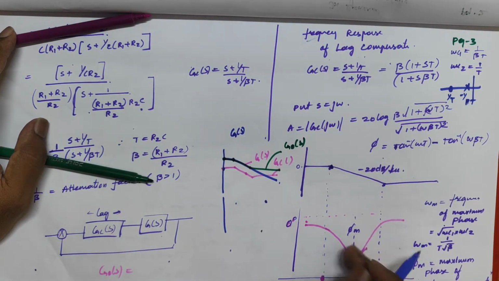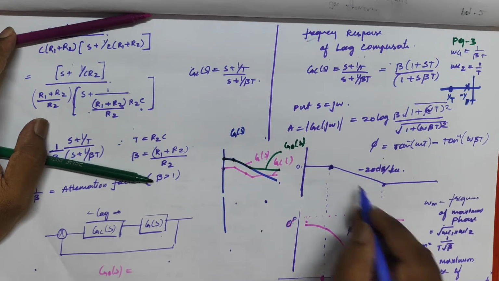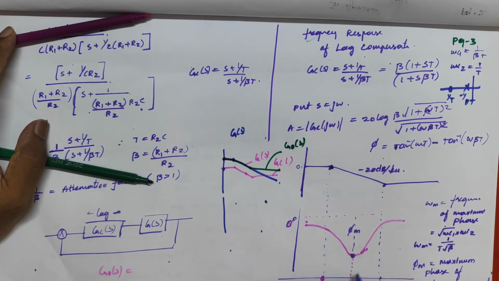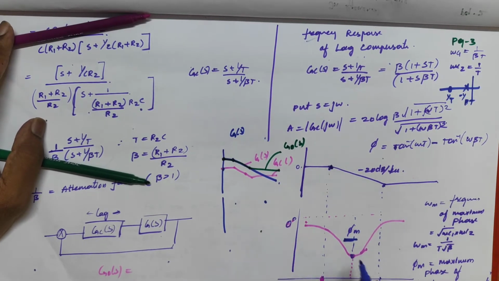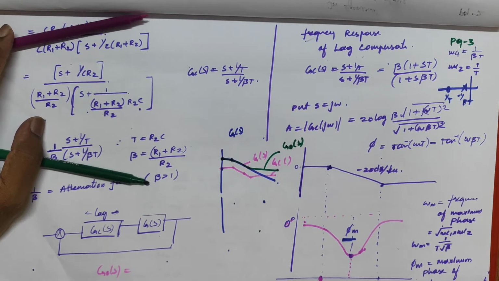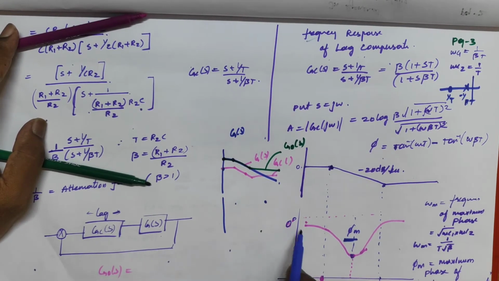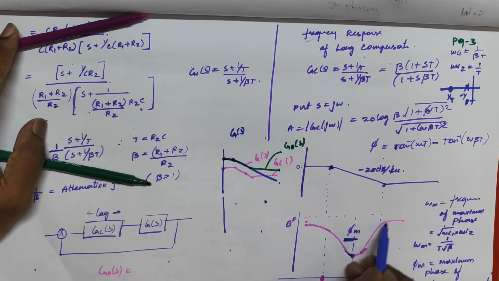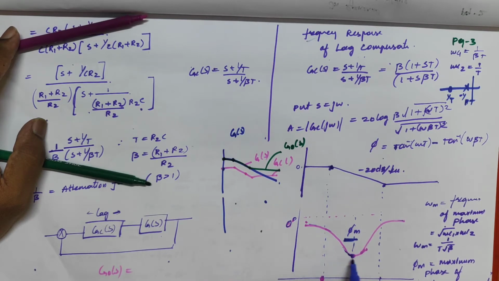By incorporating some phase, to understand that we mainly need the maximum phase angle. The maximum phase angle occurs at a point omega m, which is called the frequency of maximum phase. This phase rises to a certain value and then decreases. So we have to find the maximum phase.